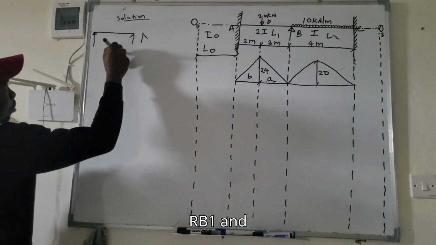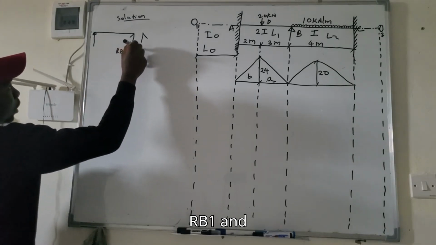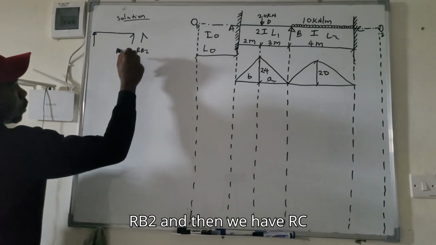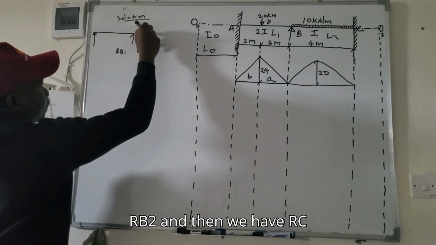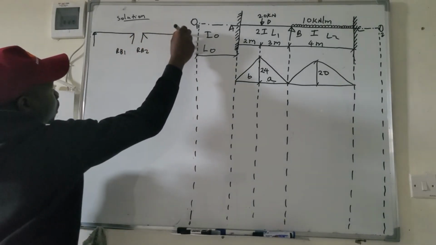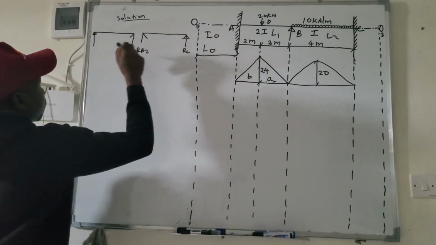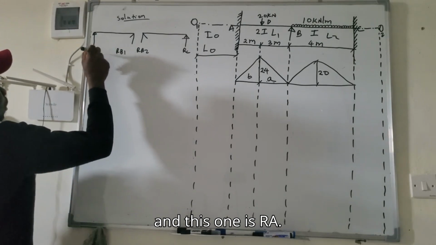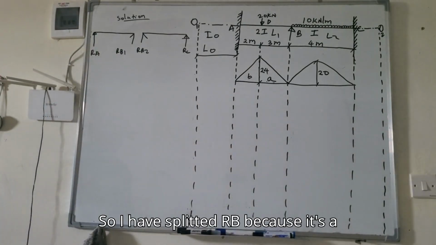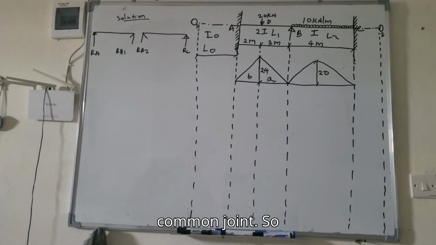So we will have RB1 and RB2. And then we have RC. And this one is RA. So I have split RB because it's a common joint.